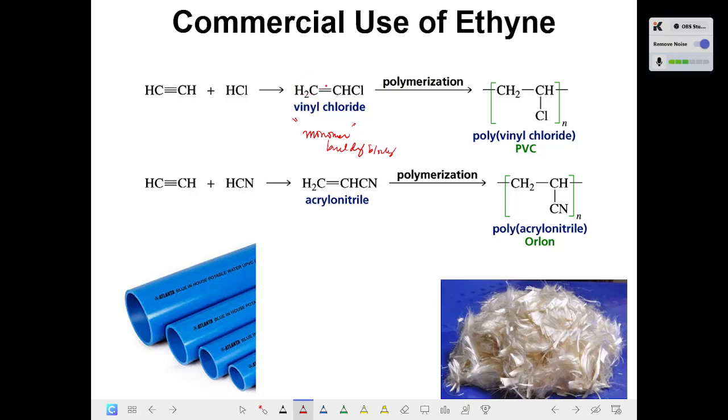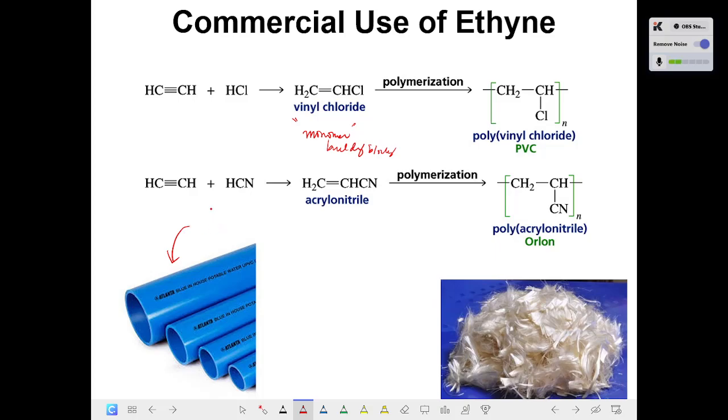Yung madami kang vinyl chloride and then they will connect with each other and that process is called polymerization. So kapag nangyari yung process na yon, ayan, magkakaroon ka ng tinatawag na poly kasi nga siya ay nag-polymerize, humaba siya, nagkabit-kabit sila lahat. So that is now your polyvinyl chloride. So ito yung material na nakikita natin sa mga tubo ng ating tubig.